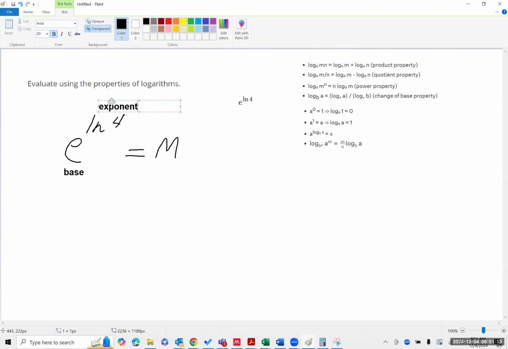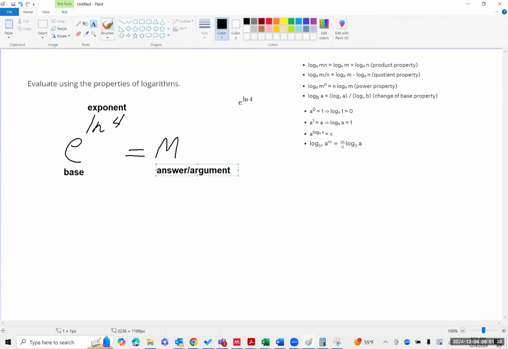This is the exponent, this whole thing here. And I like to call this, in this case, it's the answer, but it's going to become the argument inside the logarithm.